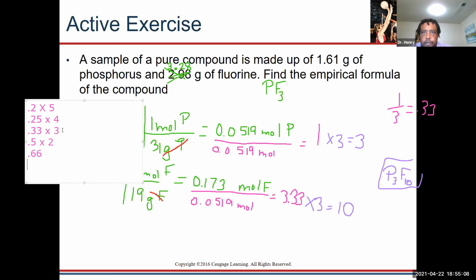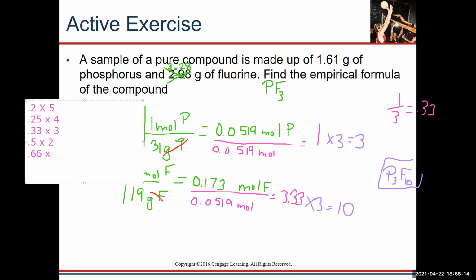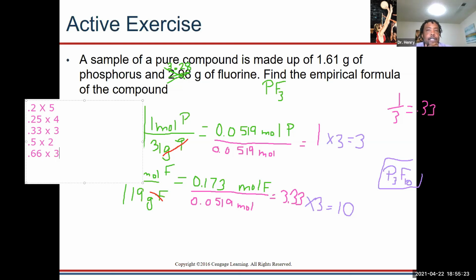0.66. Times 3, because 3 would give me a whole number. 6 wouldn't, and 1 definitely wouldn't, right? So if we multiply 0.66, that's going to be 2/3, so then that'll be equal to 2, right?